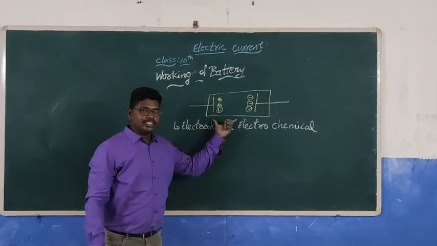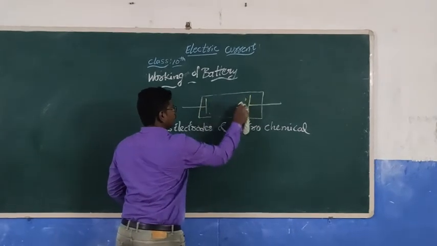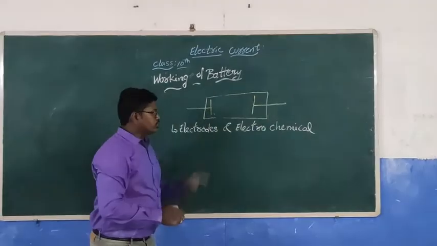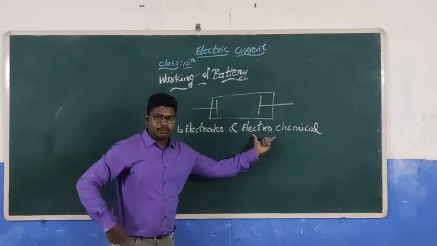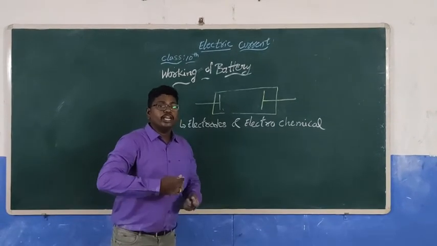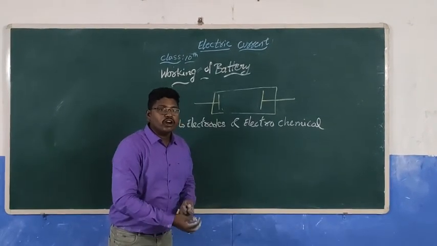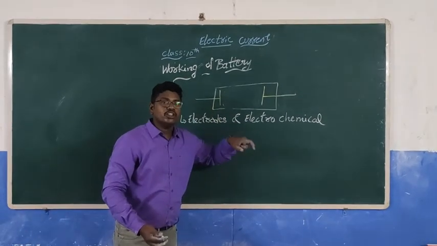If you observe here, this is a battery. In this battery, we have two electrodes. Between these electrodes, electrochemical is present. These electrochemical will exert a force on the ions to move from one plate to another plate.